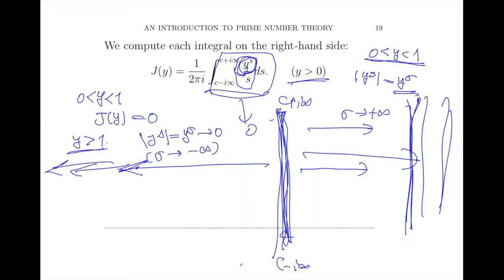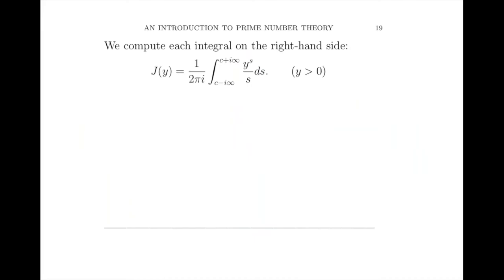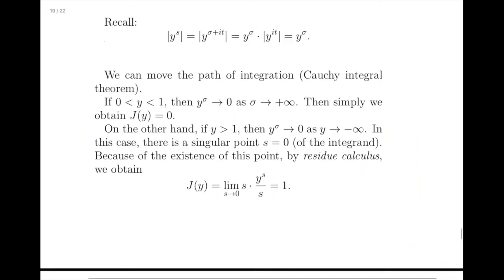But in this case, in the process of moving this integration, we encounter the point s equals 0. At s equals 0, this integrand has a singularity. So the situation is a bit different. This is the place where the so-called residue calculus is important.